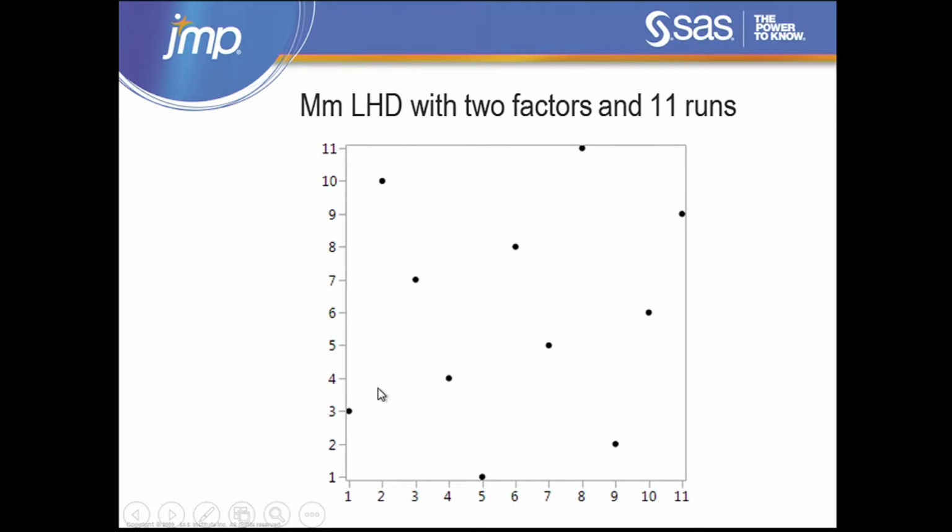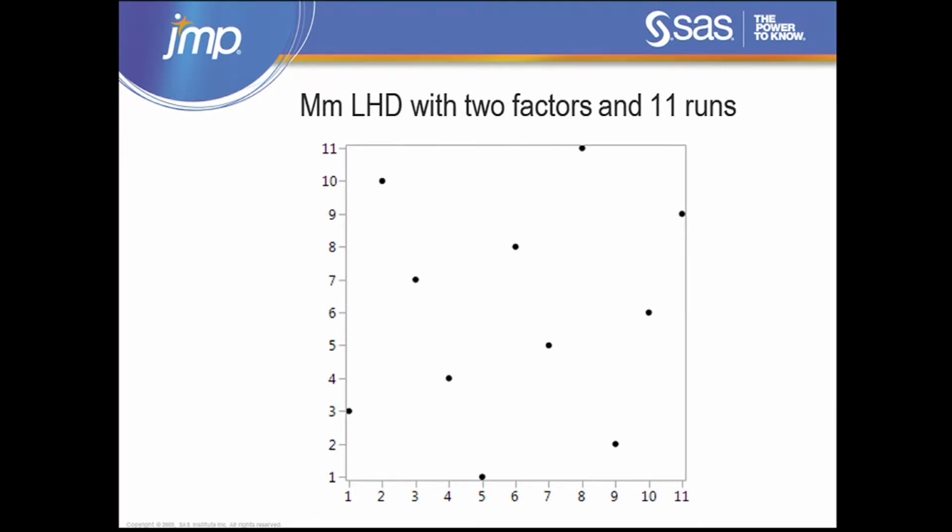And if you drop every point onto the x-axis, you get an evenly spaced design going from 1 to 11. Remember, I said that you're just choosing the numbers from 1 to n in a particular order. And the same thing happens when you project onto the y-axis. You just get the numbers from 1 to 11. So in some sense, these designs are evenly spaced in unidimensional projections.